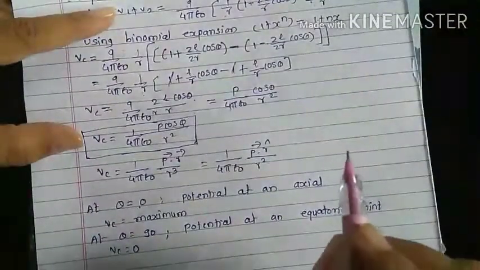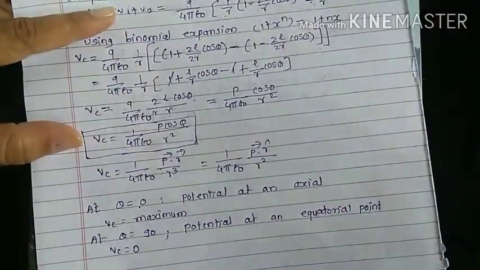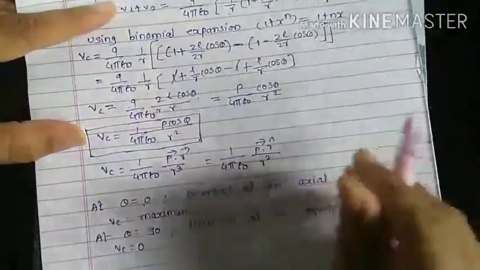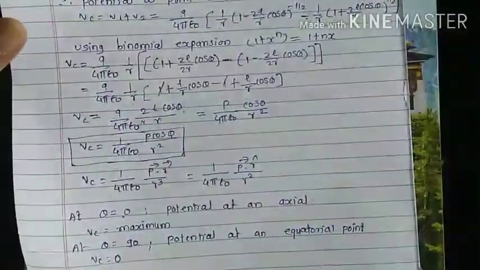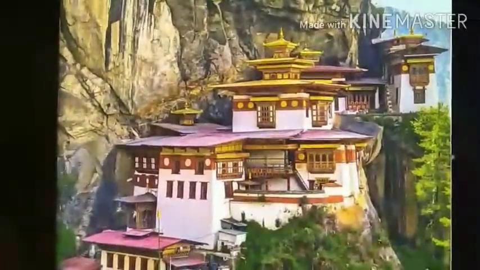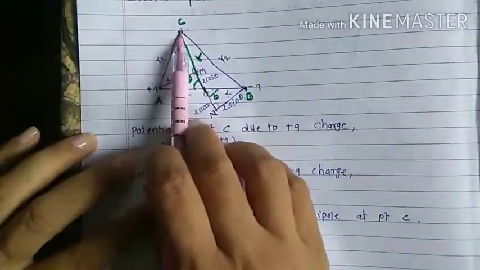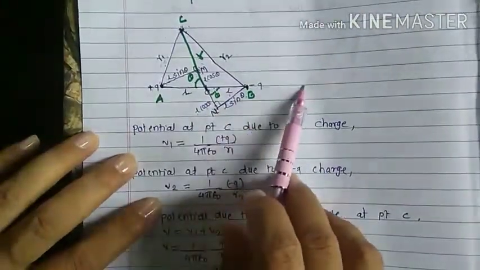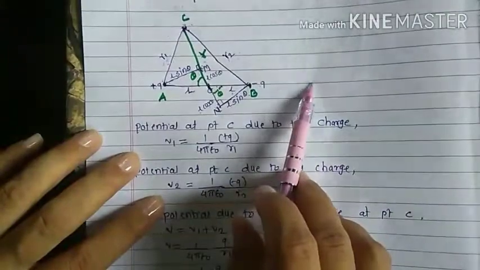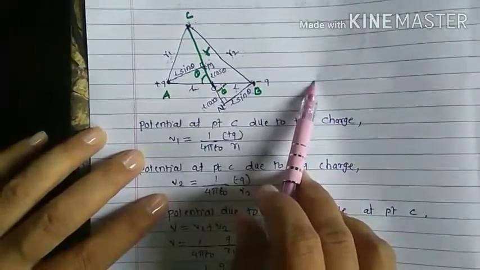In this way, we can determine the electric potential due to an electric dipole. Look at the diagram again. If this C point is along the axis of a dipole, then the electric potential is maximum.